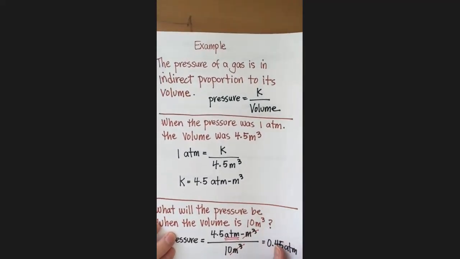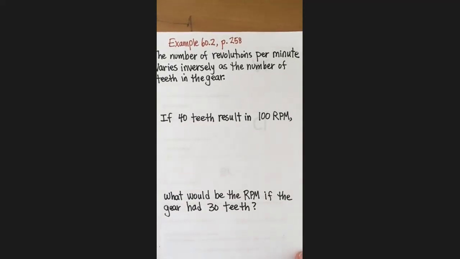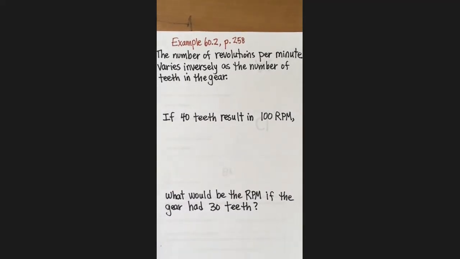Okay, let's do an example from the text. This is example 60.2 that's on page 258. And it says, the number of revolutions per minute varies inversely as the number of teeth in the gear. If 40 teeth result in 100 revolutions per minute, what would be the revolutions per minute if the gear had 30 teeth?